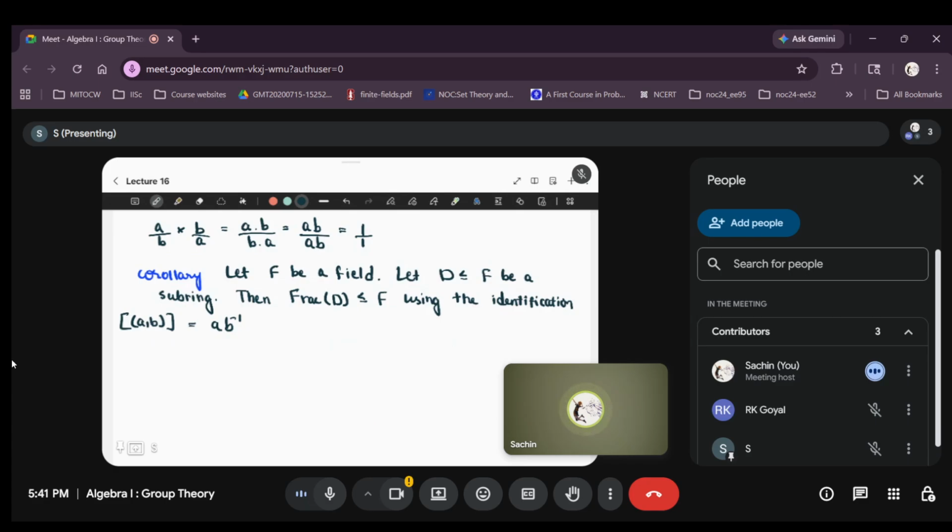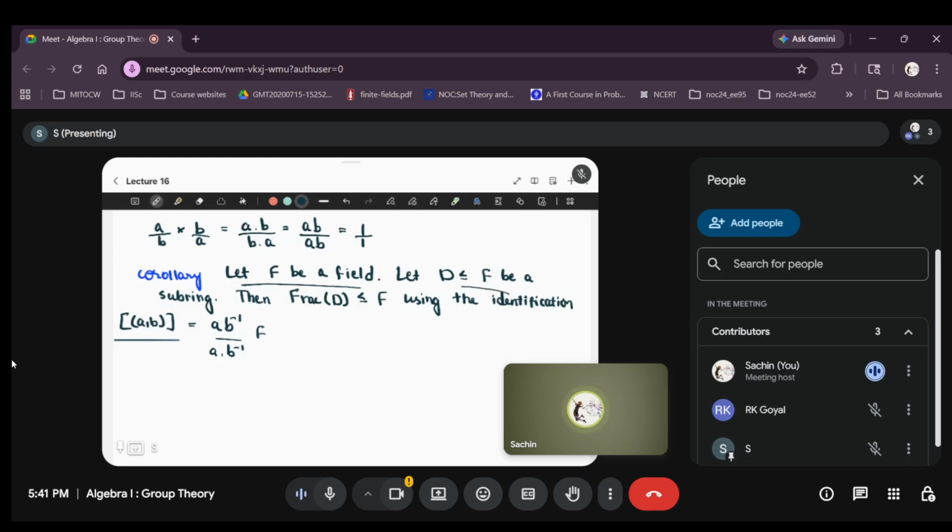This is the equivalence class containing the element a comma b. Here it is a into b inverse in the field F. So a and b are field elements. We started out with the field.